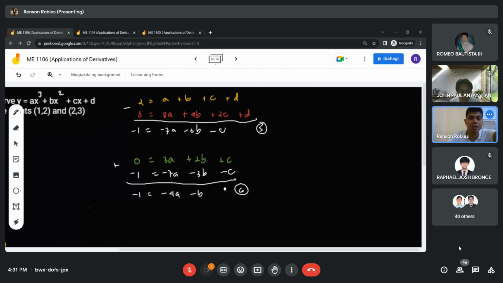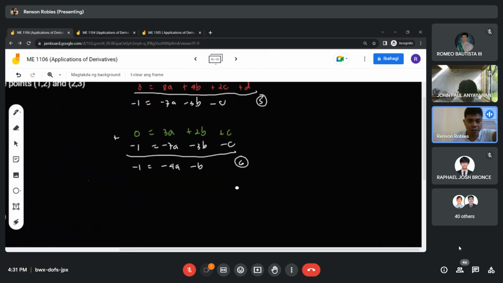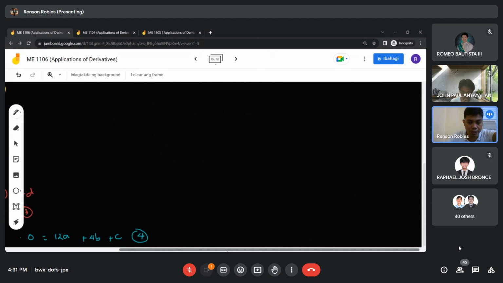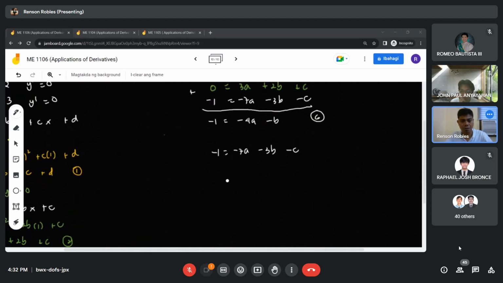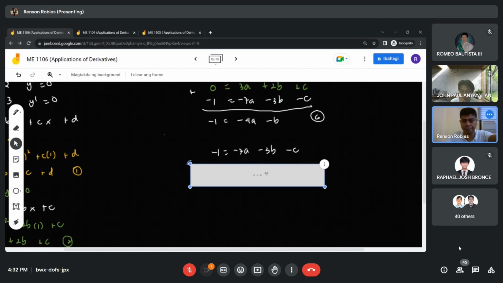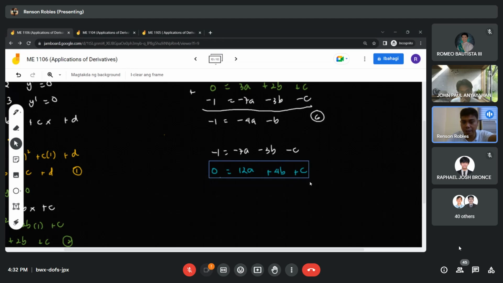Equation 6. And then I will be using equation 5 again, minus 3b minus c, and equation 4, kasi may c din yung 4. And then I will eliminate c, so that I will have equation 7 in a and b.